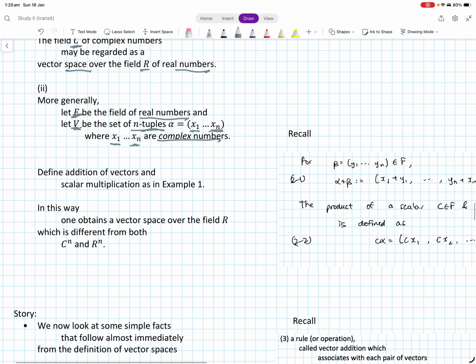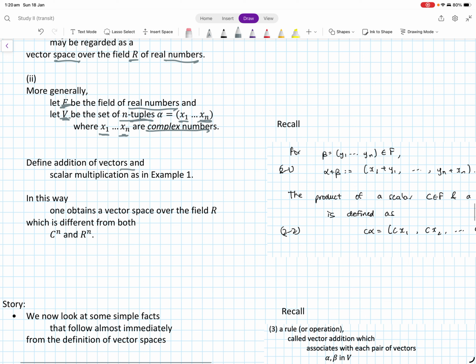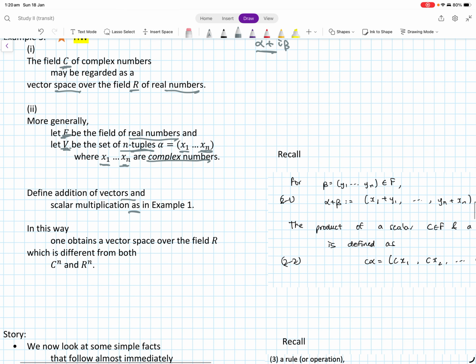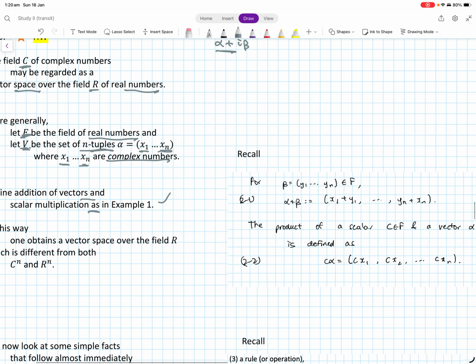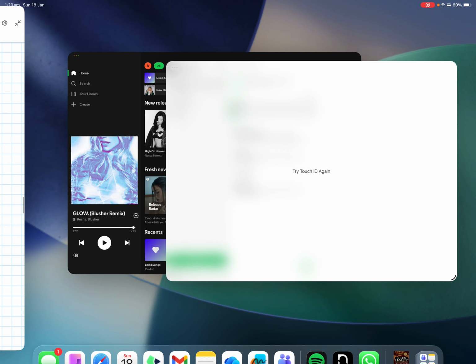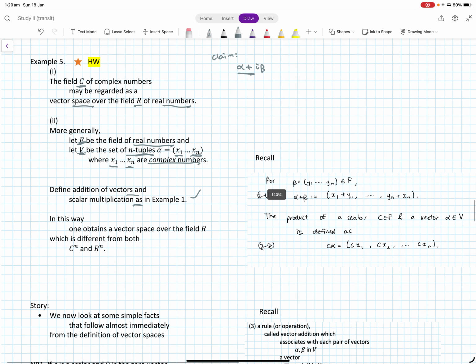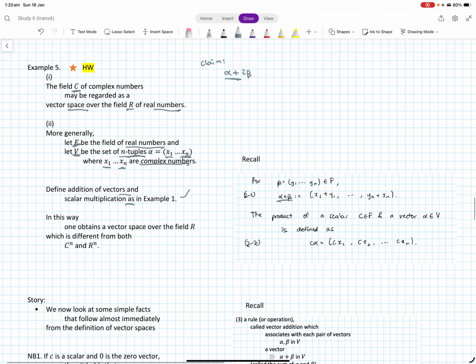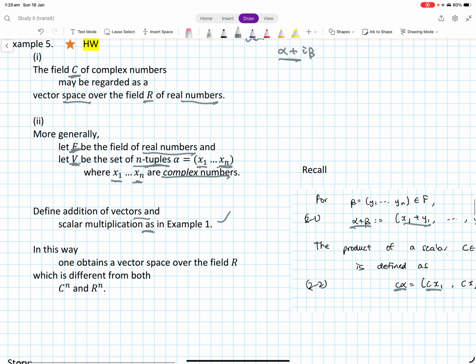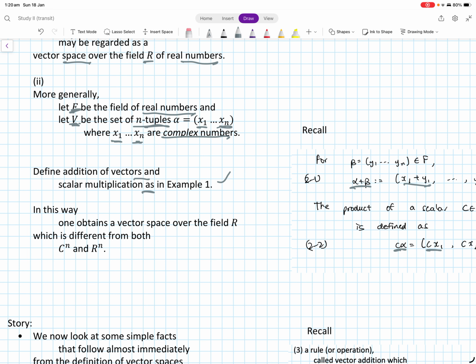The definition of addition of vectors and scalar multiplication is as in example 1, which was component-wise. So alpha plus beta is just component-wise added, and the scalar multiplication is component-wise as well. It turns out in this way one obtains a vector space over the field R, which is different from both Cn and Rn.